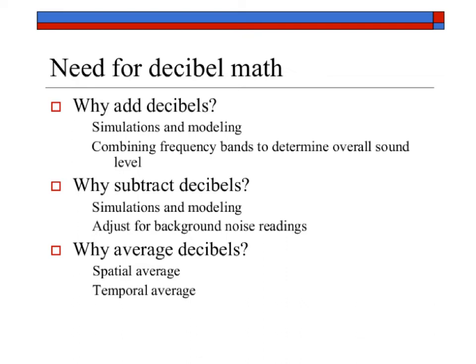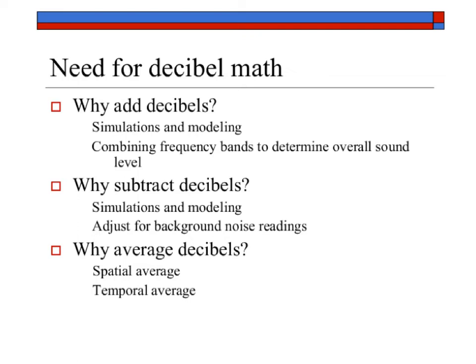So instead, what we do is measure the machine plus the surrounding sound, the background noise, then turn the machine off and measure just the background noise. Then we're able to mathematically subtract that reading from the total sound, and the difference will be just the noise from the given individual machine we're interested in. So that's a very common use for subtracting decibels.